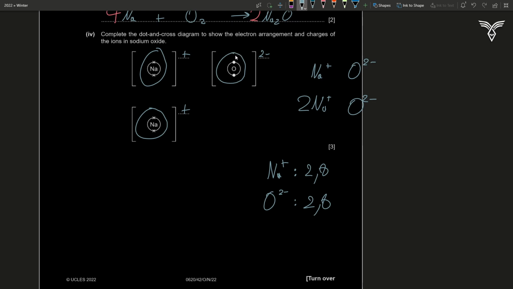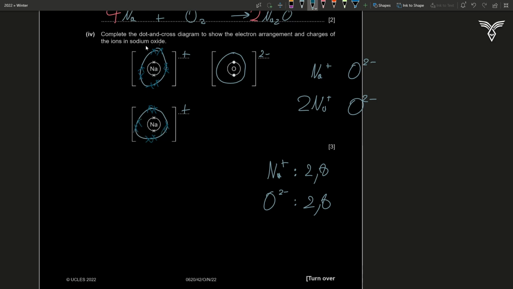We'll draw here the second energy level as well. Here we have to fill them out with 8. So we're just going to add 1 2 3 4 5 6 7 8, and below 1 2 3 4 5 6 7 8.